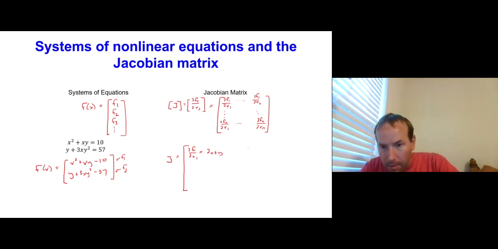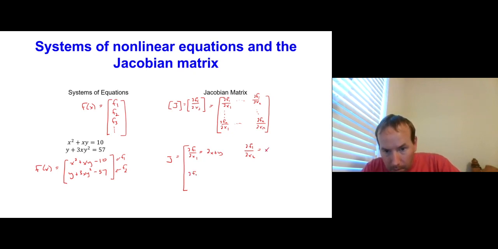Then we're going to do df1, dx2. So we're taking the derivative of all of this with respect to y, and we just get x, because only the center term can handle the derivative with respect to y.